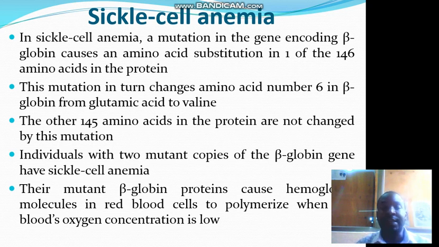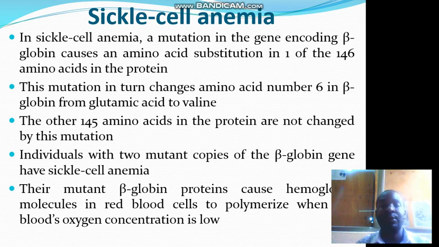The exact point at which the change in hemoglobin occurs in sickle cell anemia is in the nucleotide coding for amino acid number 6 in the beta globin of hemoglobin, which is supposed to be glutamic acid.